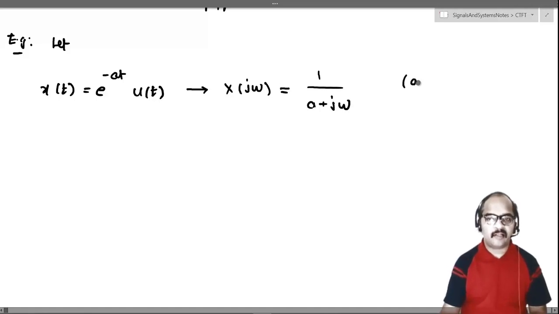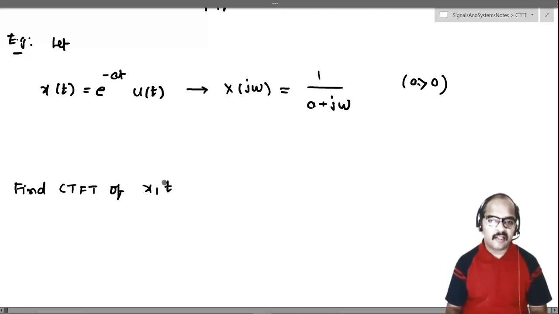What is the assumption here? We assume a is greater than 0. The question is to find the CTFT of x1 of t, which is nothing but x of minus t.